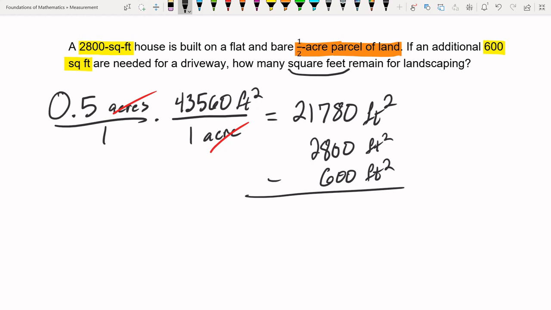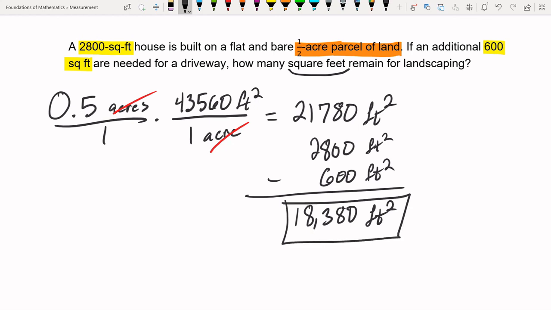Doing that, 21,780 minus 2,800 minus 600 gives us 18,380 square feet, and that's what remains for landscaping.